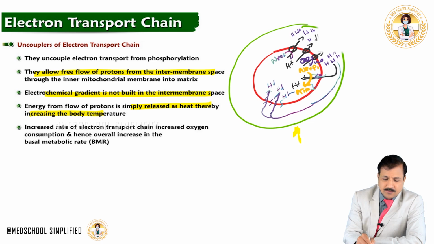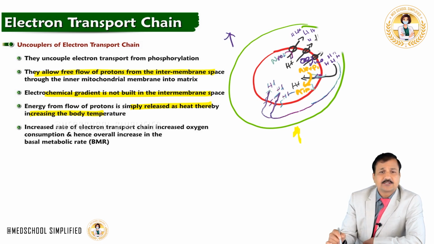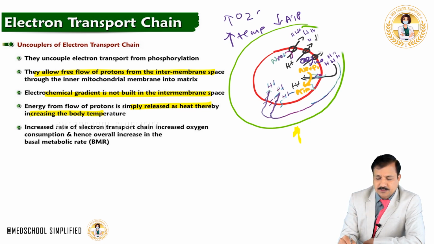So whenever uncoupler proteins are acting here, there will be an increase in body temperature and a decrease in ATP synthesis. The electron transport chain is running faster, which means there is an increase in oxygen consumption.